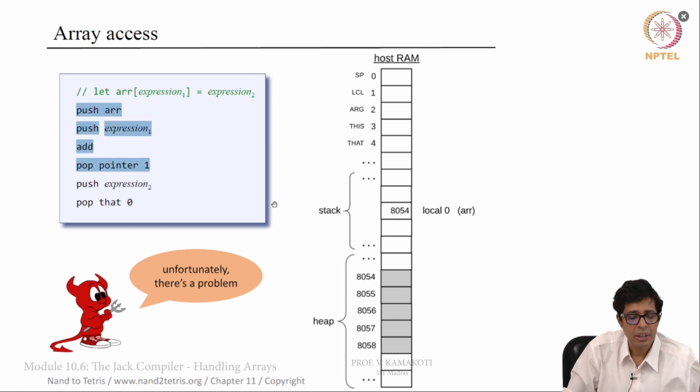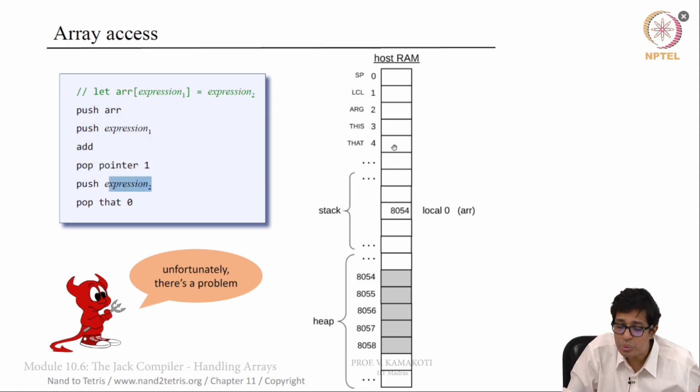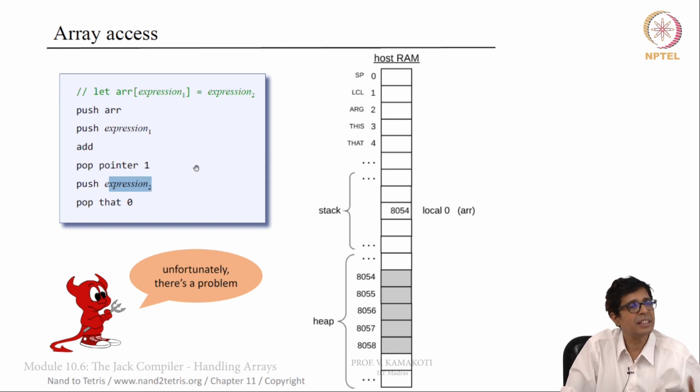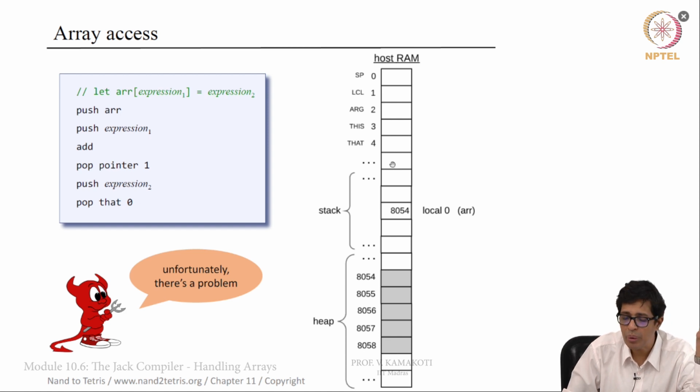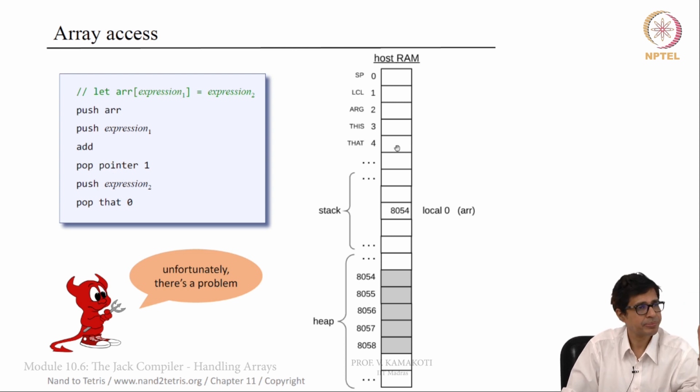But when I am evaluating expression 2, that expression 2 can go and touch that, and if it touches that, then this value essentially will get replaced. Expression 2 completes and you get some value. When I say pop that 0, that has 8065, and 8065 will get the value of that expression, provided expression 2 does not touch that.